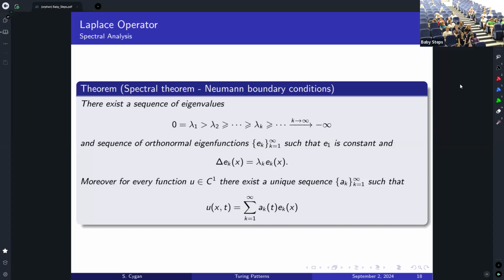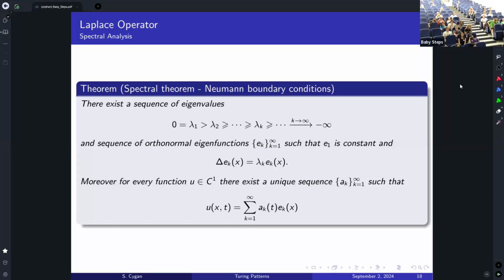This is completely analogous to the diagonalization of matrices. We want to express our operator as a matrix using the spectrum, so using the set of eigenvalues.